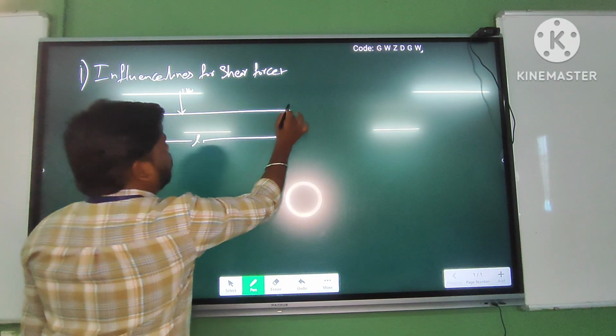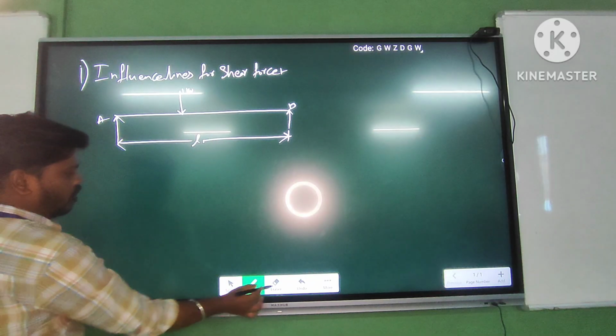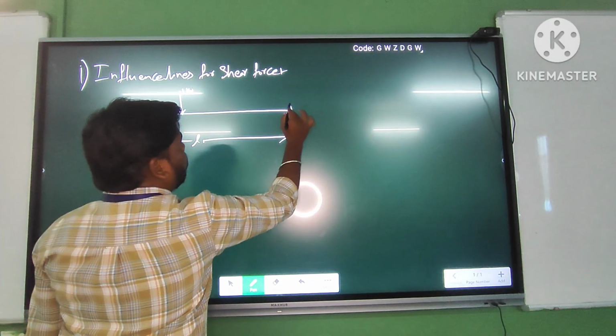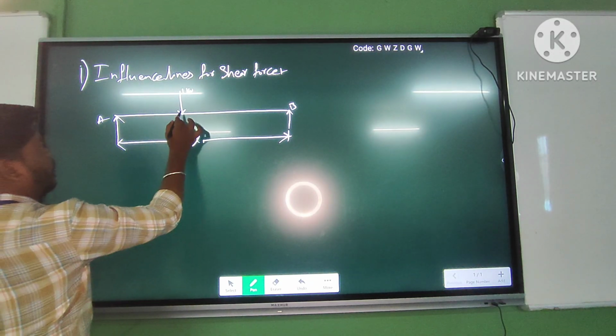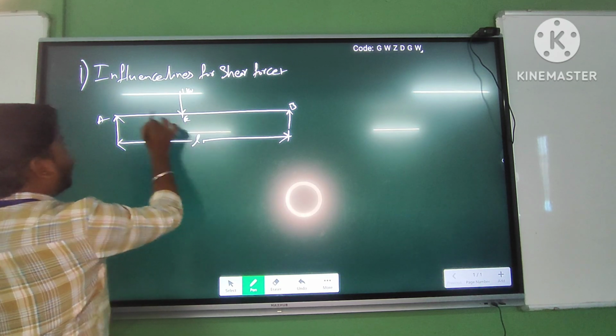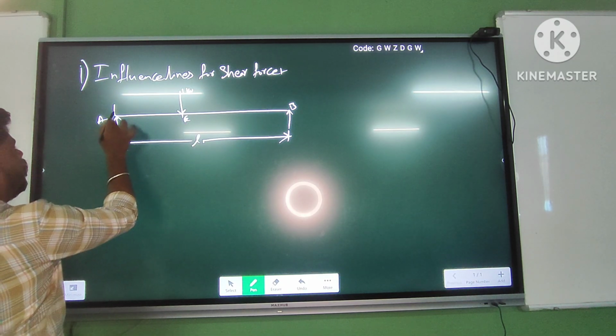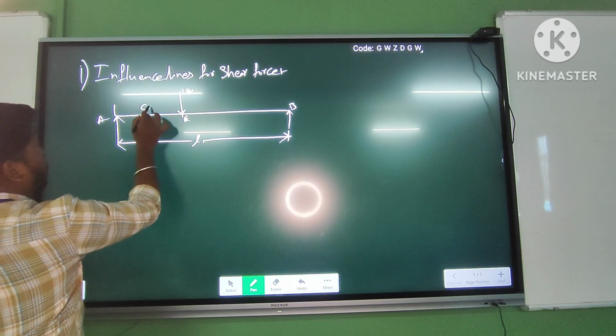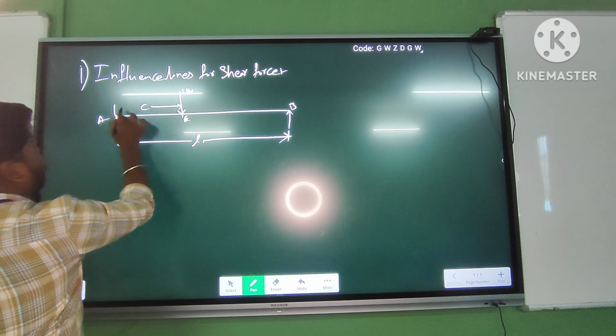Let these points be A and B, and this point be E, and the distance from that point to point A, let it be C.